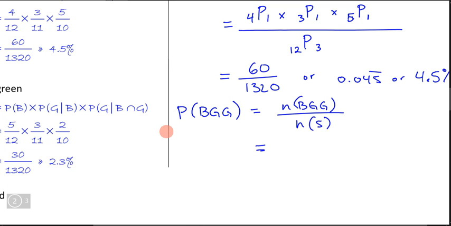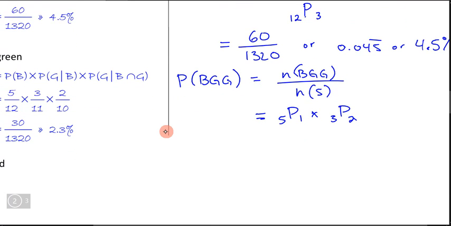So the probability of drawing a blue, I'm just drawing 1 from 5 items, times the permutation of drawing, sorry, not 1, we're drawing 2. So we're drawing 2 green marbles from 3 possible ways to do it. So 3P2 divided by 12P3 again.